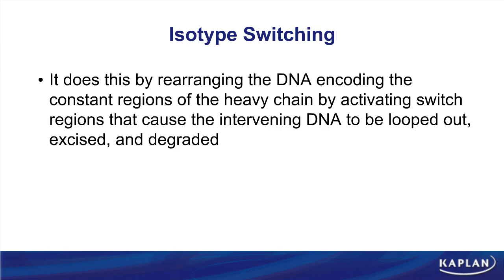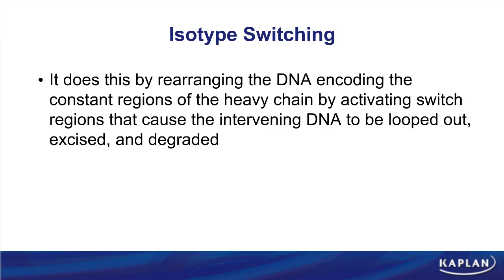Isotype switching or class switching, as Dr. Ali alluded to already when she was talking about the different T cell subsets, is dependent on T cells and different combinations and cocktails of cytokines. What happens in class switching is very similar to the process that we already talked about with gene rearrangement early on to create the B cell receptors and the T cell receptors, except now this is happening within the constant regions.